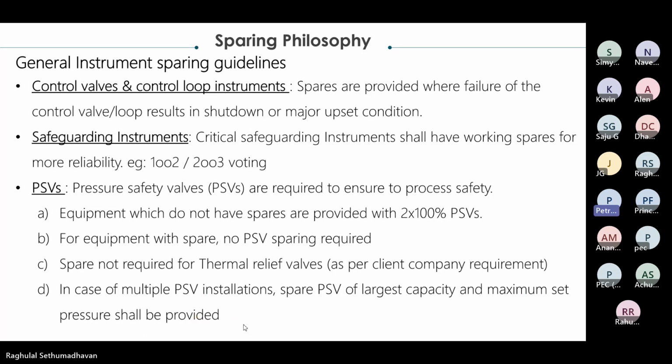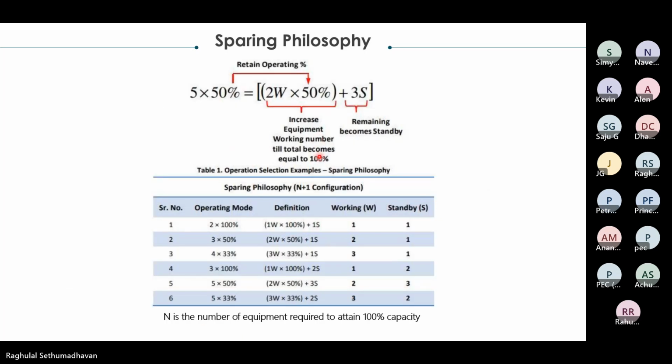Let's see sparing and how we solve this problem. Here, this is the equation. In operation mode, we'll have to equate this equation to 100%. So 2 into 100% means one will be enough to make 100%, then the other will be spare.